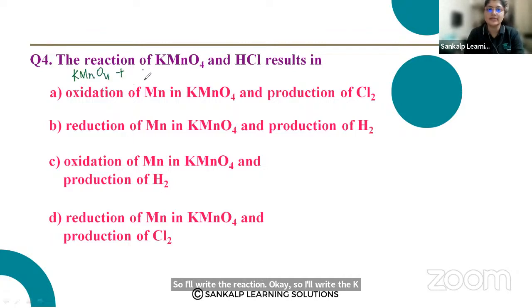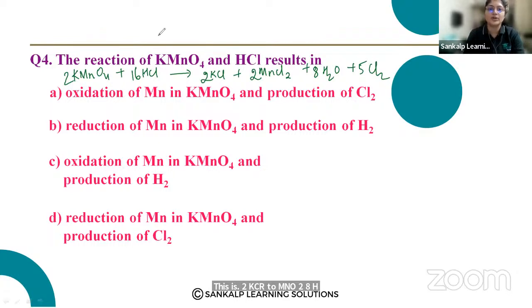KMnO4 plus HCl gives KCl plus MnCl2 plus H2O plus Cl2. When we balance it, we get 2 KMnO4, 16 HCl, 2 KCl, 2 MnCl2, 8 H2O and 5 Cl2.